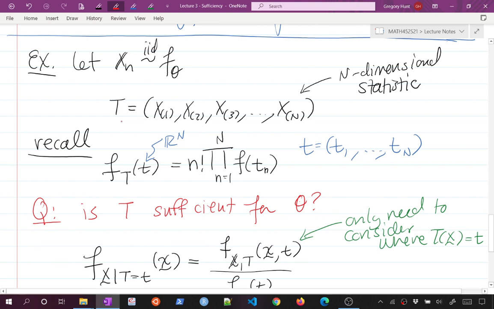If someone asked me to go summarize the data, and I came back and said, here's the data back, in some technical sense it's a summary. Or if I reordered it and said, I ordered them for you, technically it's a summary, but not a great summary. It doesn't reduce the dimension of the data at all. But it doesn't lose any information. So it is sufficient. All the information that's in the data about theta is in the order statistics, because it's just a reordering of the data.